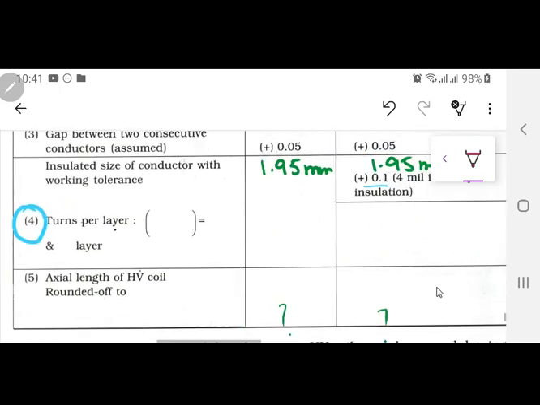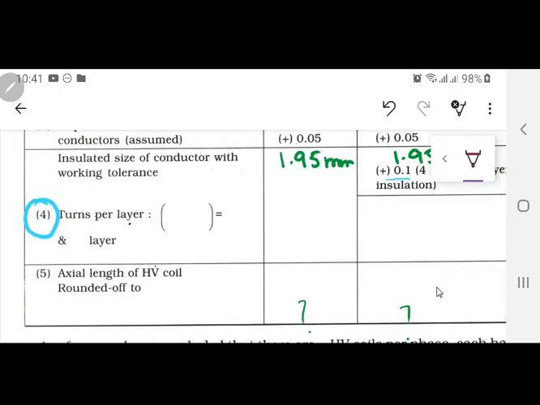Now if you see this fourth point over here, that is turns per layer. Now in the book, what they have done, they have some number of turns per coil. In our case this is 832. Now what they are doing over here is 832 divided by some number, and that number will give you how many turns per layer there are going to be.